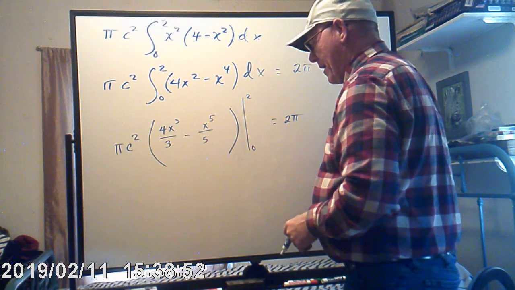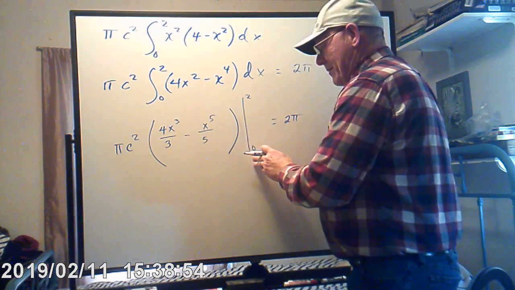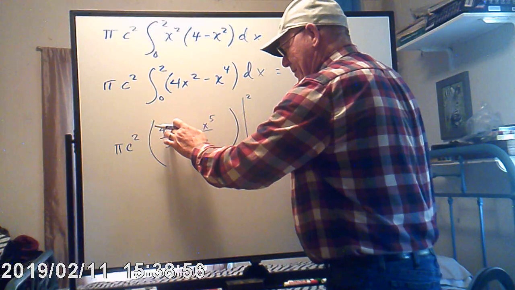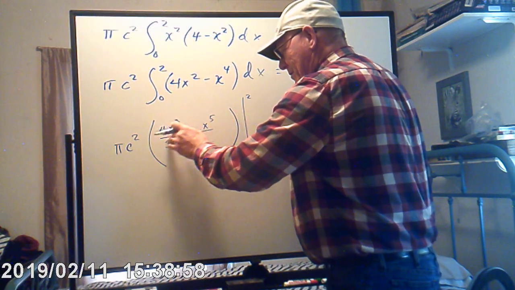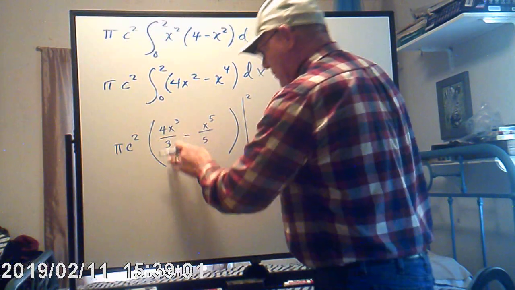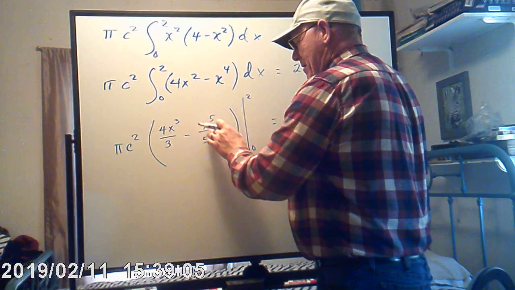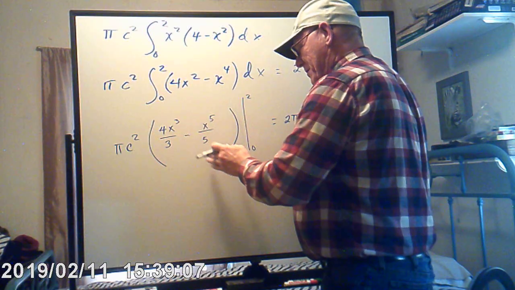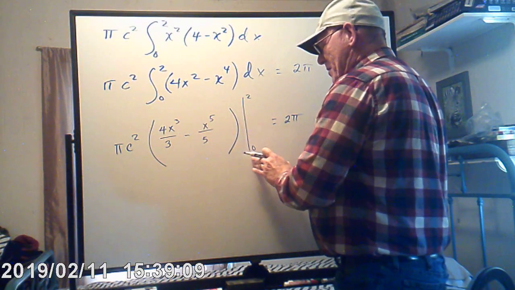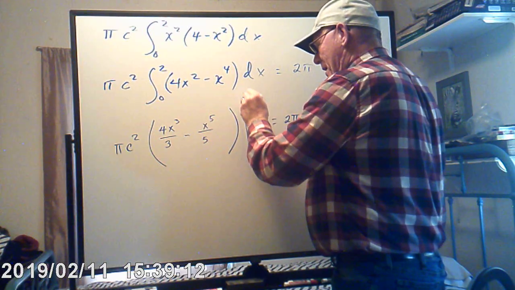Now think about it. If I plug in 0, this is 4 times 0 cubed, which is 0, and 0 over 3 is 0, and 0 to the fifth is 0, and 0 over 5 is 0, so the 0 part is just going to be 0. All we're really concerned about is plugging in the 2.